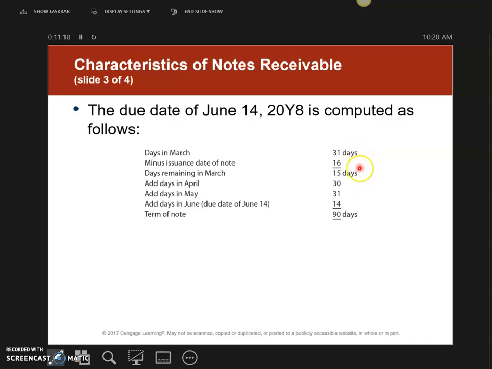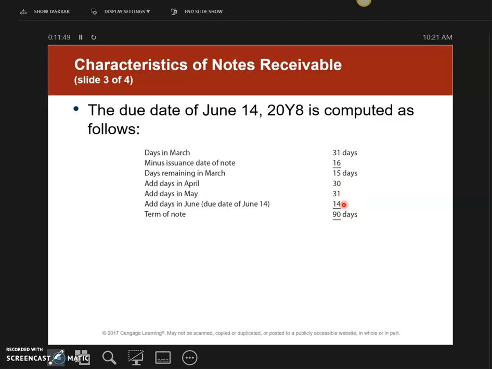That means I have 15 days left in March. 30 days are in the month of April, 31 are in May. At this point, I would add up 15, 30, and 31, and get a total of 76 days. I need to know what day is day number 90, so I subtract 76 from 90. It would be due June 14th.